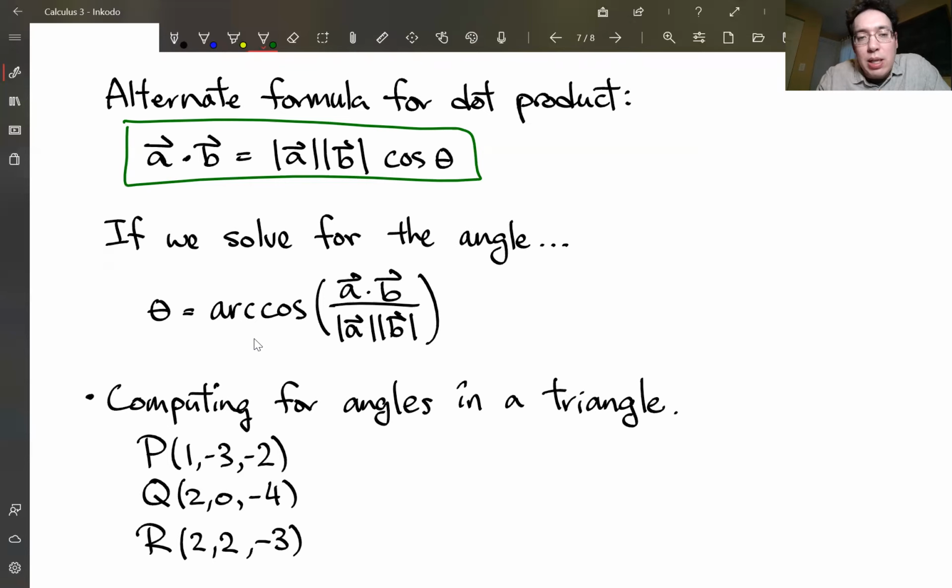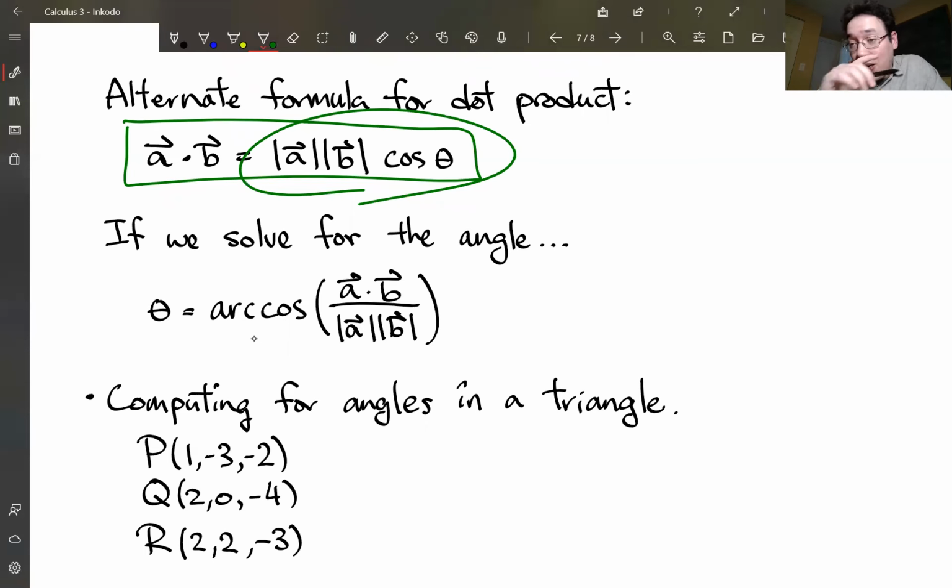Now notice how this formula does not depend on the components of A and B at all. The length of the arrow doesn't depend on the coordinate system. And the angle between two vectors, two arrows, does not depend on the coordinate system either. So we have a different formula that doesn't depend on components.